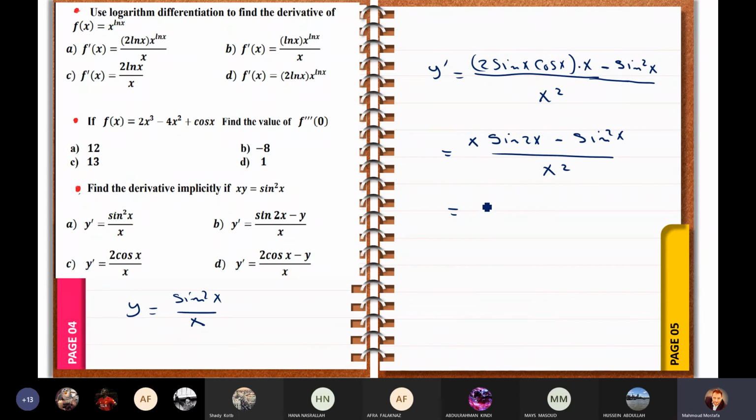First one we can put as sine 2x over x minus sine square x over x multiplied by x. This one is y. So it is sine 2x minus y over x.